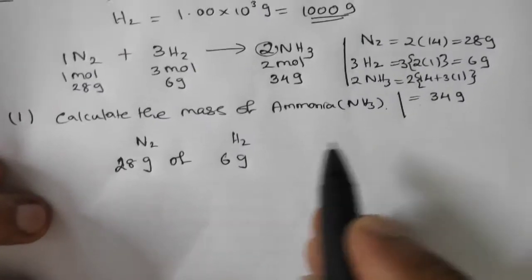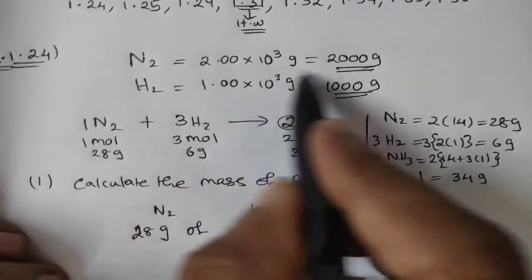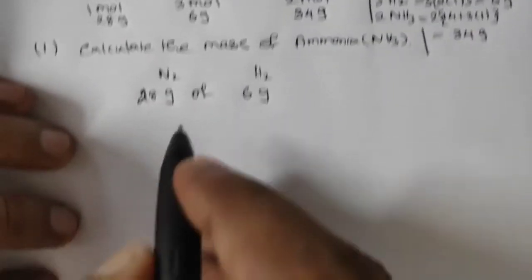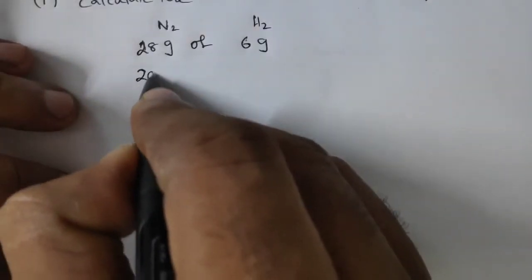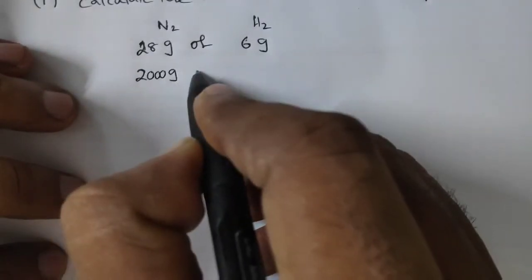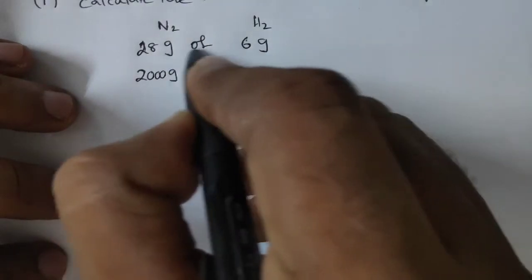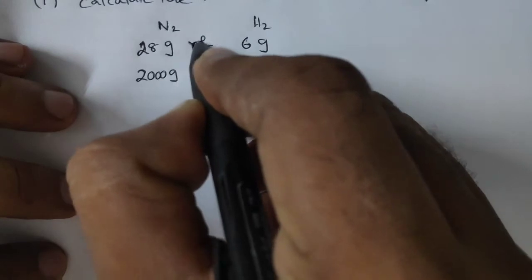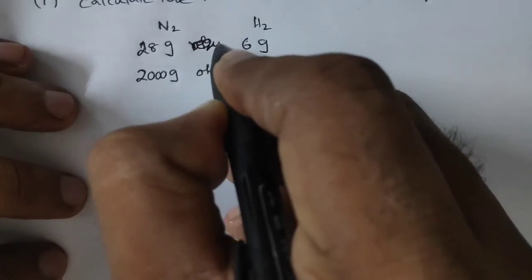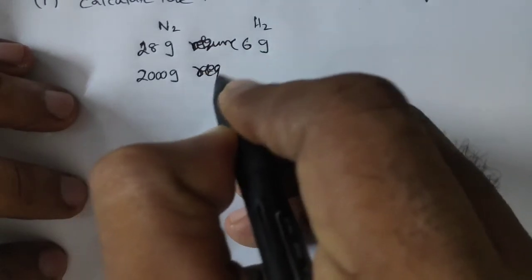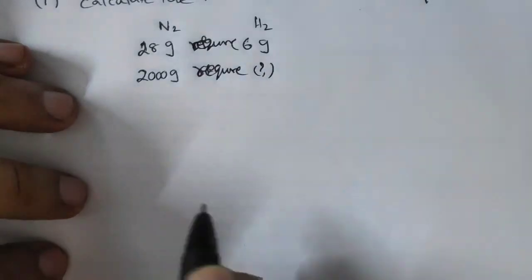Understood? So in your question, 2000 grams of N2 was given. So 2000 grams of N2 requires how many grams of H2?